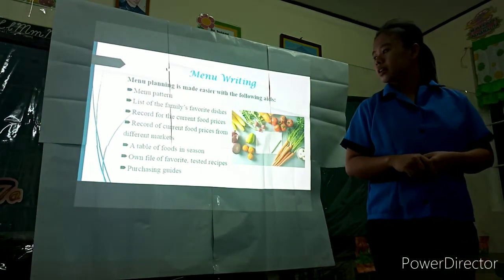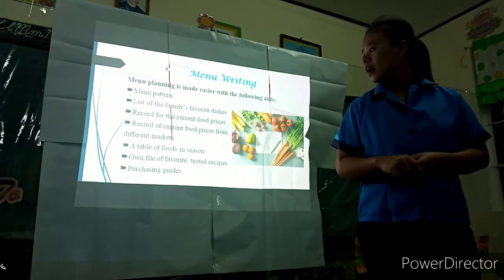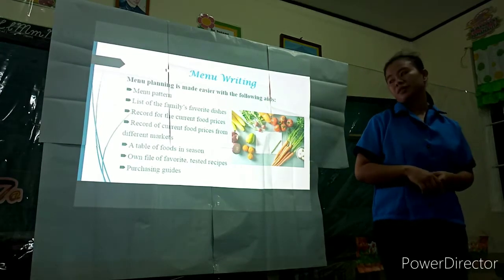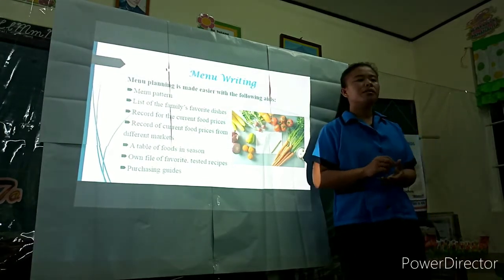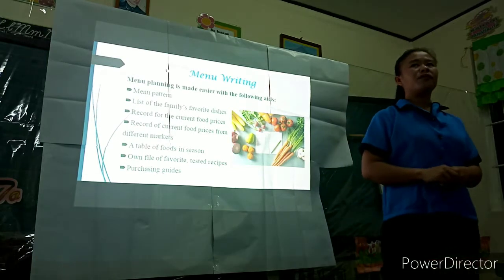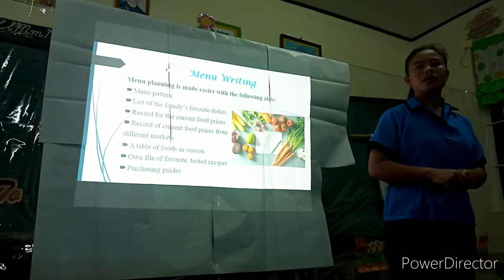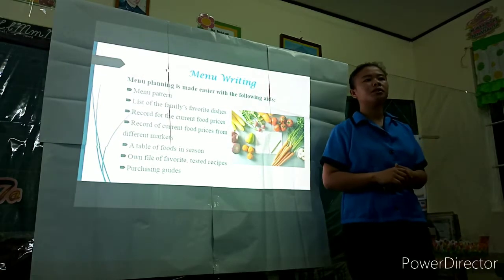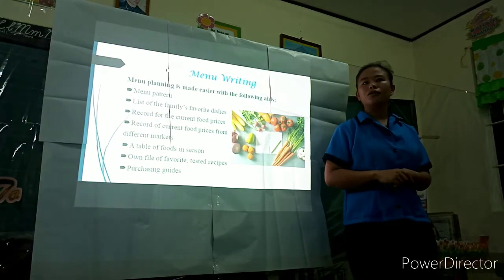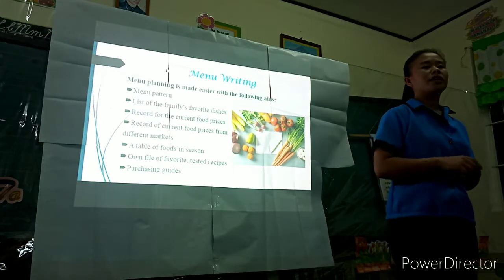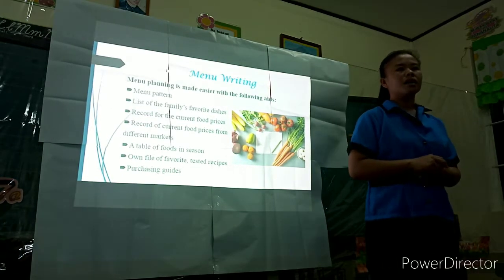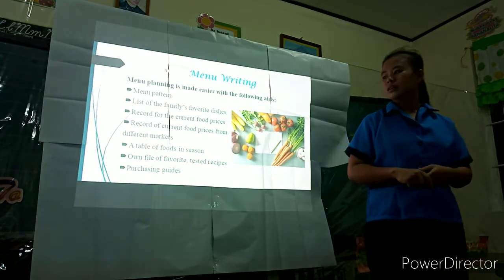And a record of current food prices from different markets. When you already know the different prices in different markets, it will be good for you because you can afford the groceries you need to buy, and you can choose which market is more affordable.